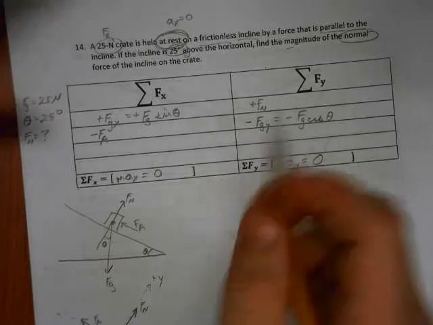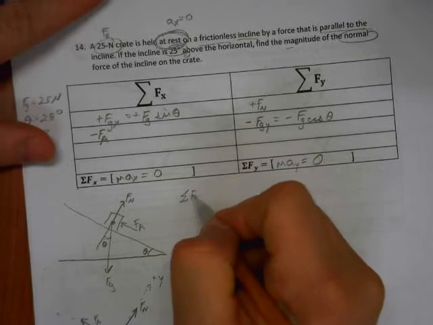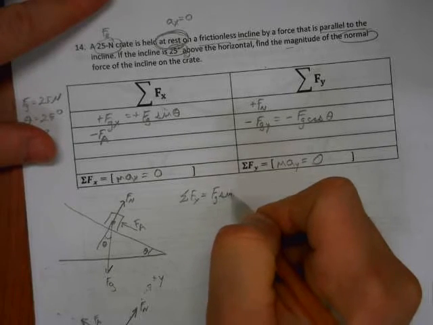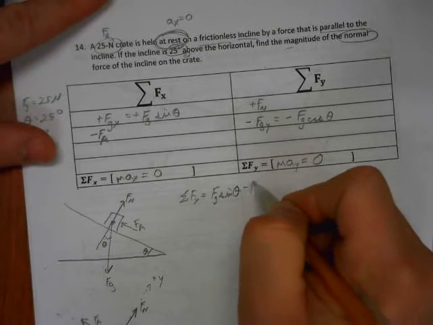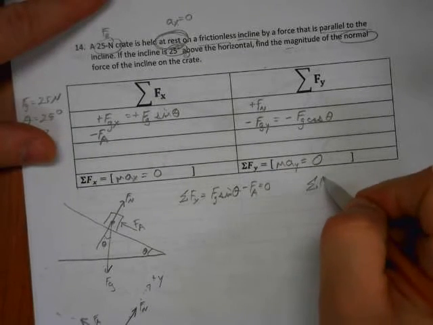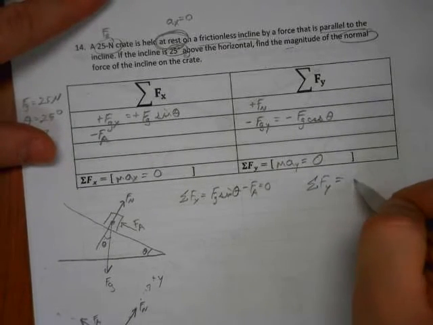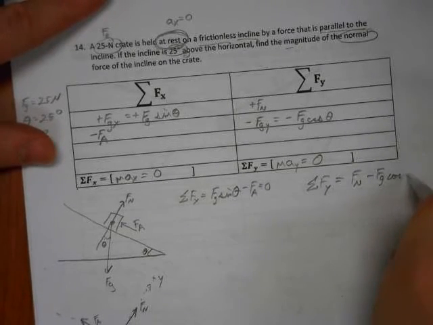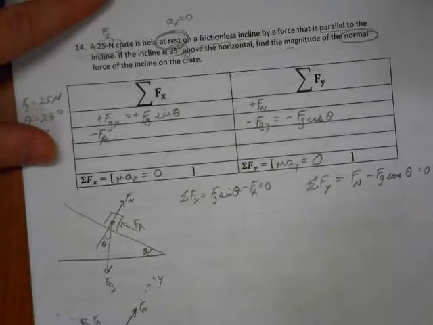Okay, so if I were to sum all my forces, the sum of the forces in the x direction equals Fg sine of theta minus Fa, and that equals 0. In the y direction, Fy equals Fn minus Fg cosine of theta, and that also equals 0.